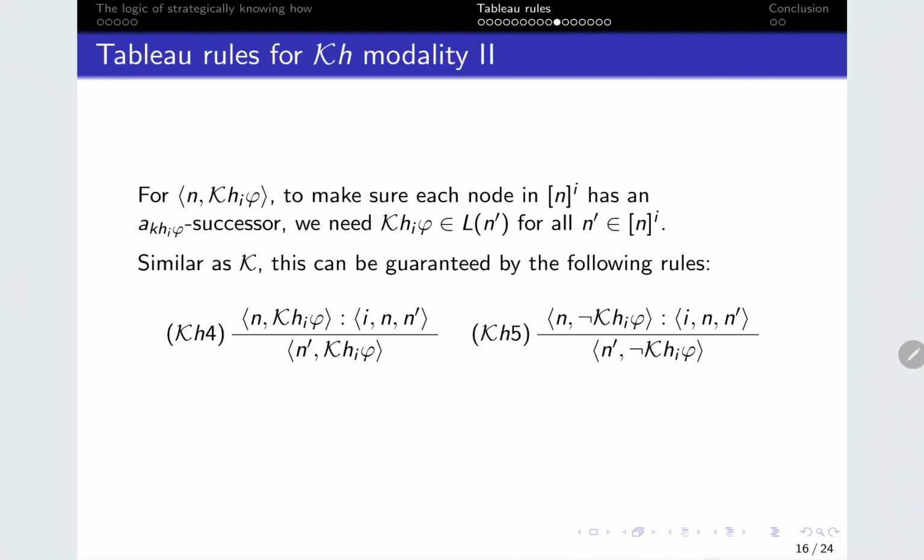As with the know-that formula K, the 4 and 5 axioms make sure that if the know-that formula is labeled on one state in the belief state, then it will be labeled on all states in the belief state. So to make sure each state in the belief state of n has a know-how phi successor, we will use these two rules, the 4 and 5 axiom for the know-how formula.